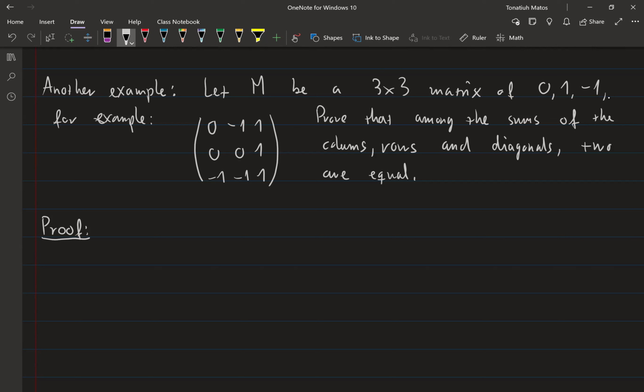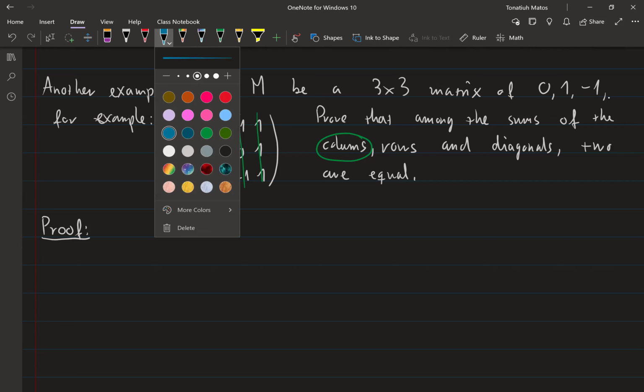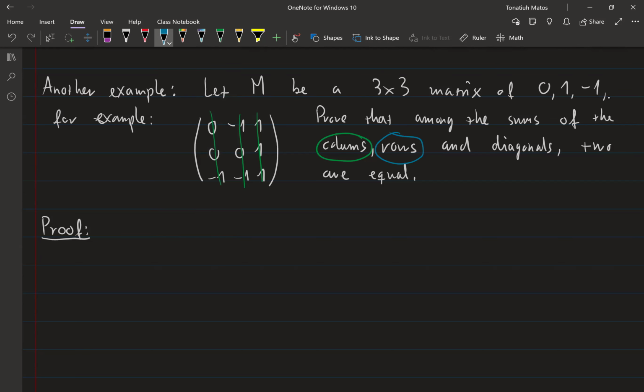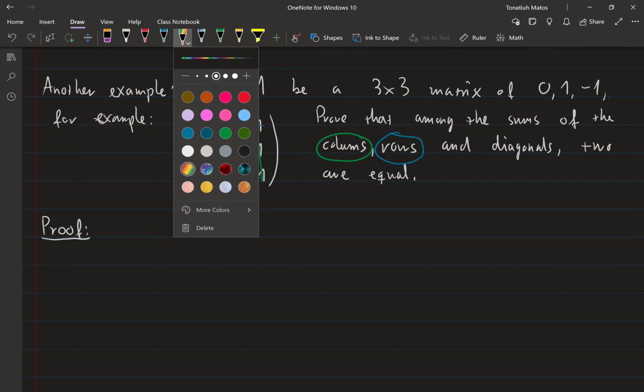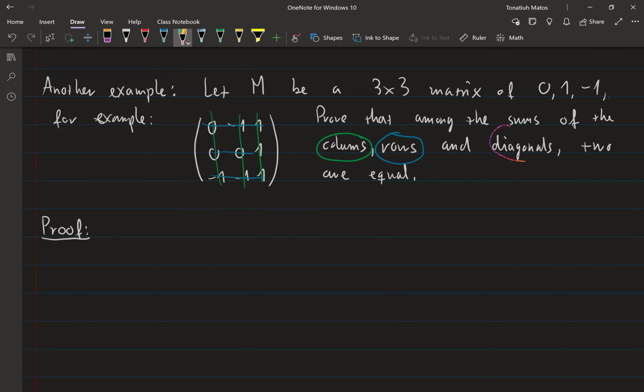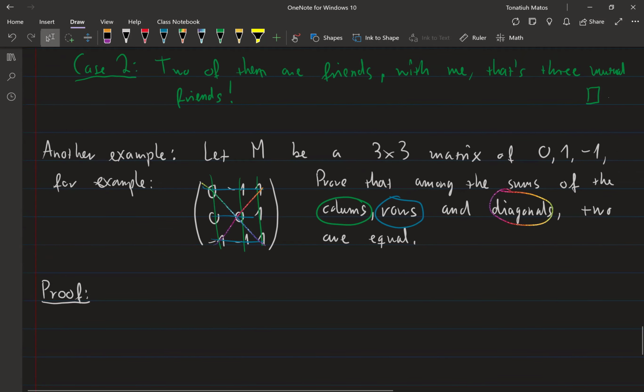If you take the columns, you take the rows and the two diagonals. Two of those numbers are equal. Why can't they all be different? This is a good example, I think. So what do you think?